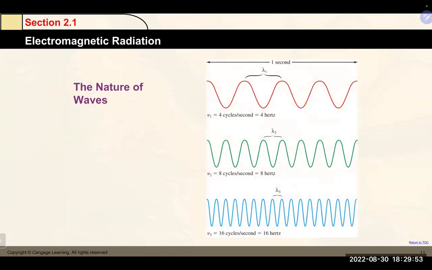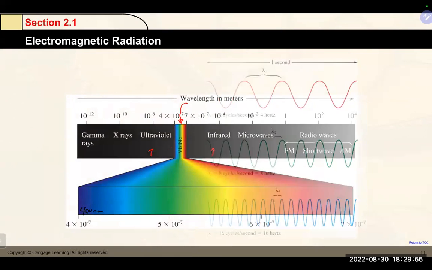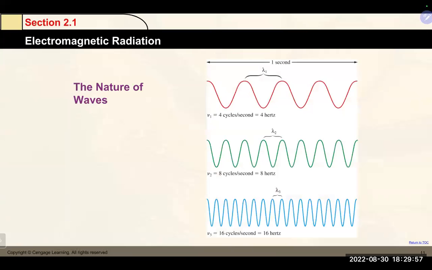All right. So when we talk about waves, there is a relationship between the wave, the wavelength, and actually energy. And the relationship is this: when we have a long wavelength, we have a low frequency, and it typically has lower energy.